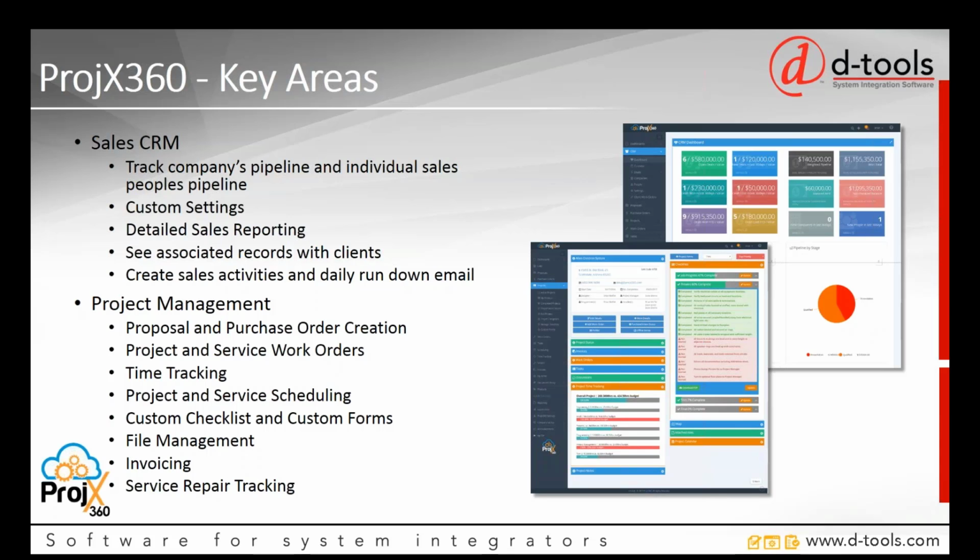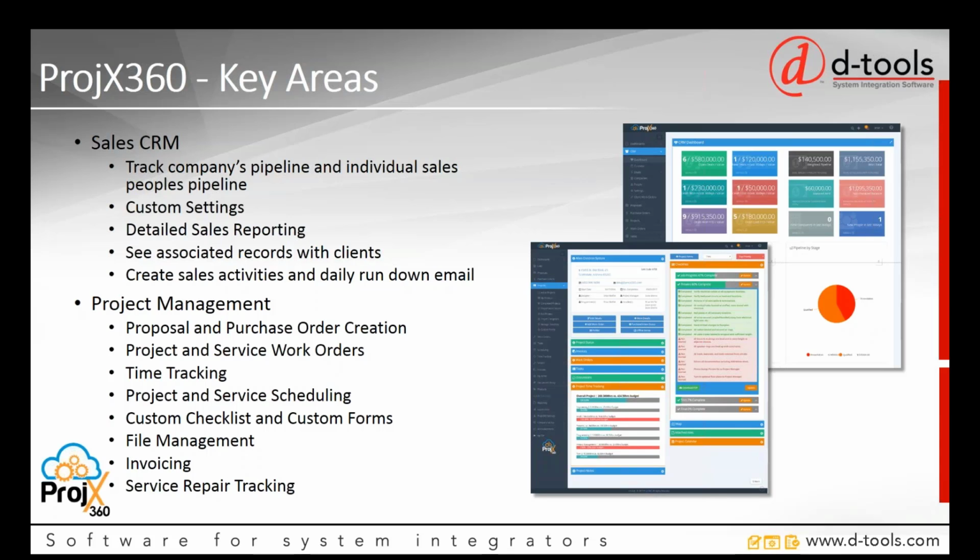Your sales team can create sales activities during the sales process, and when there's any activity on that certain day, they will get an automated email called the Daily Rundown that will give them a list of their agenda for that day, so things don't fall through the cracks.